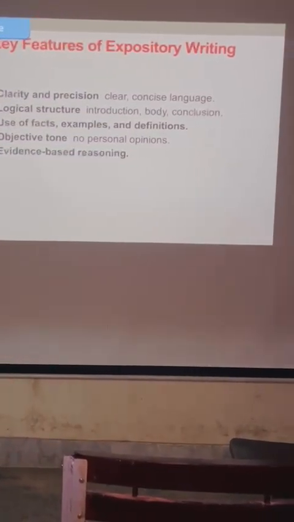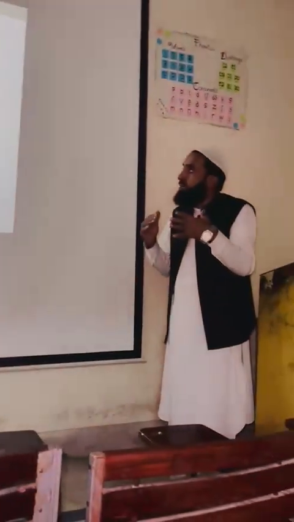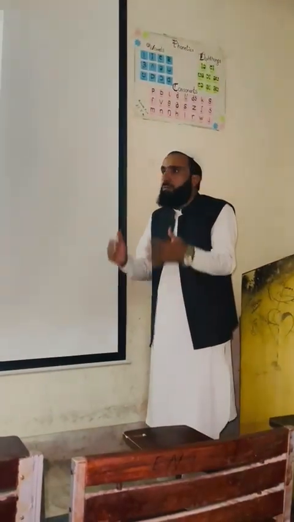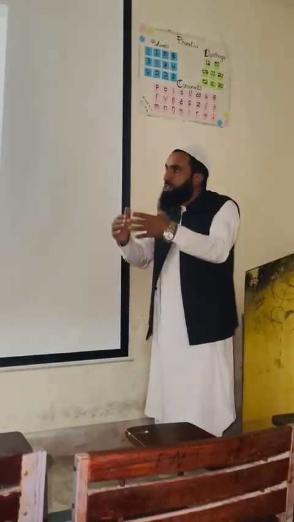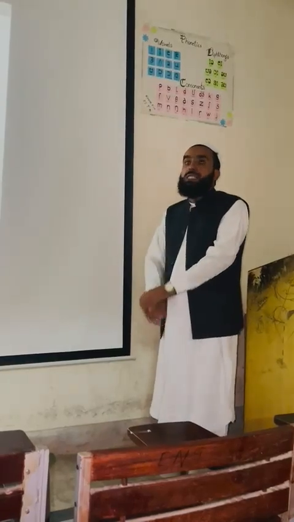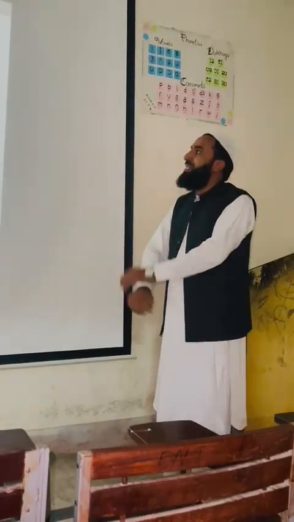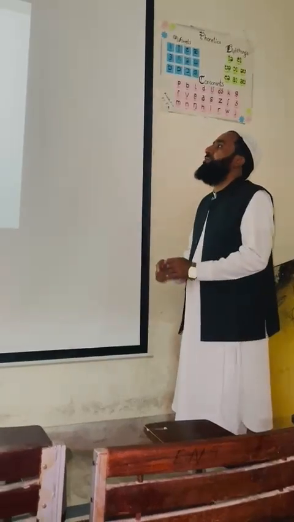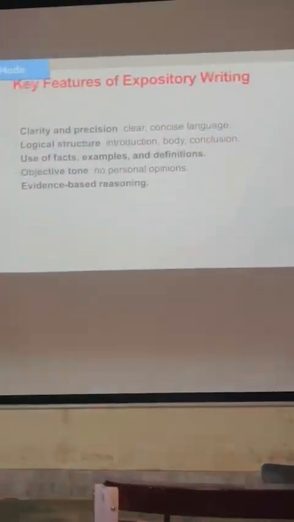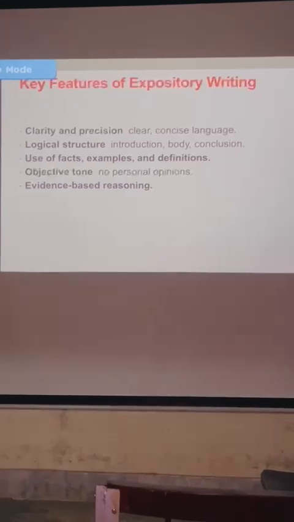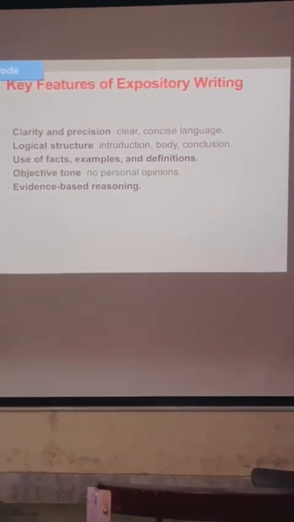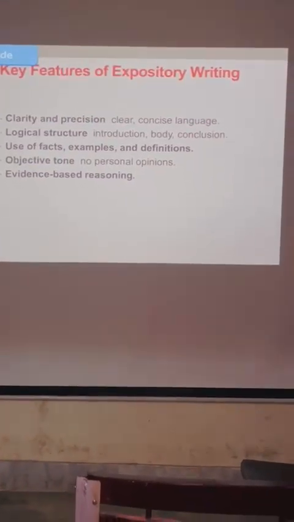For example, in the introduction, we will be introducing the phenomena, we will be introducing the problem. The problem statement will be displayed to the readers. That is the proper introduction. Then comes the body of the expository writing. So in the body, we can include examples, further elaboration or explanation.